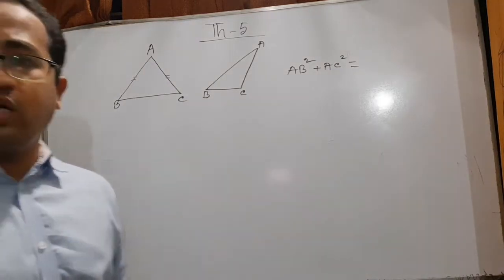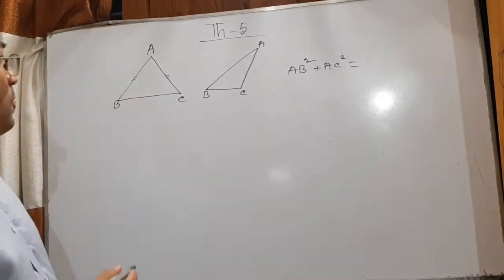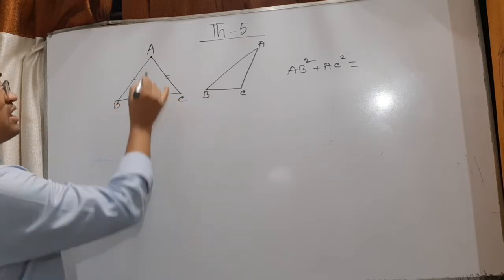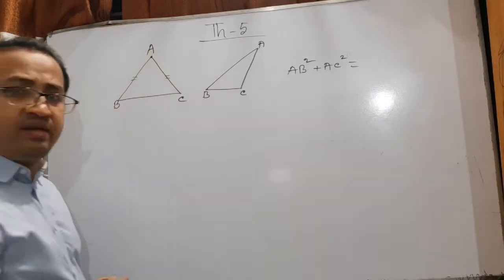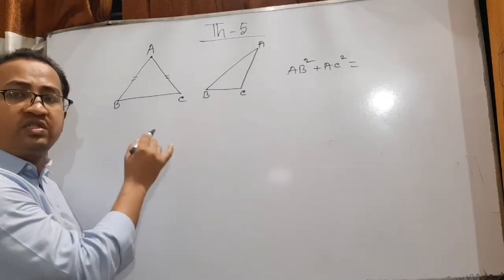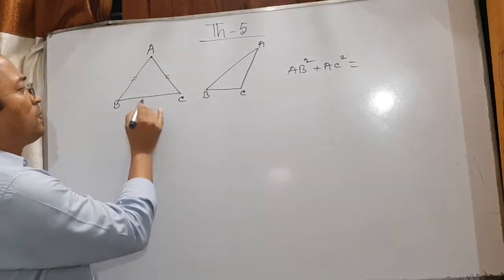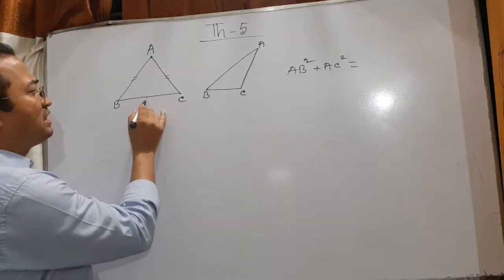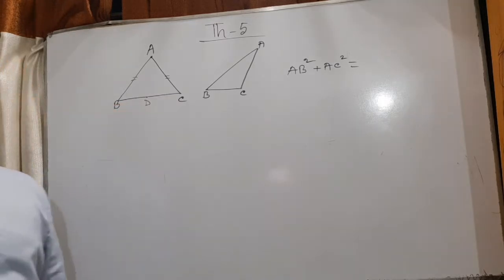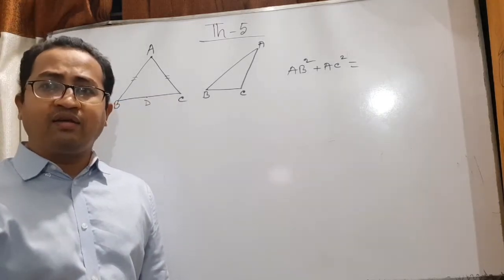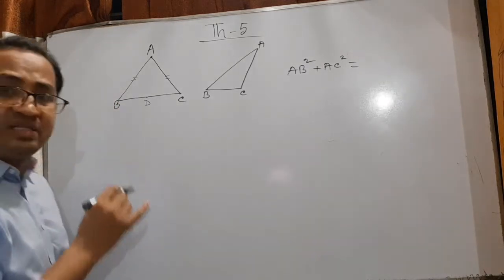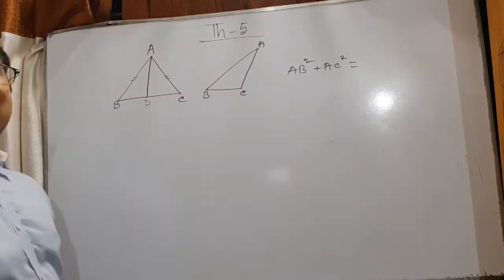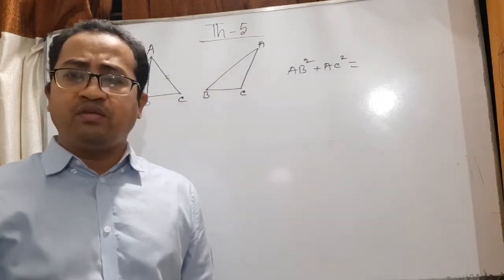So you should know the median. Look, this is the vertex and this is the opposite side of the vertex. If A is the vertex, BC will be the opposite side of the vertex. The midpoint of the line BC is D. D is the midpoint of the line BC. Now join AD. AD is the median. So what is a median?